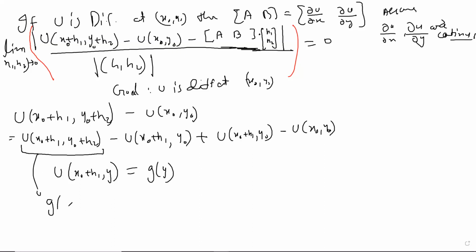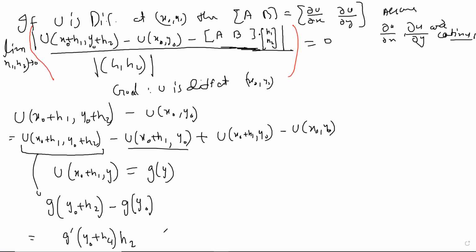This one becomes g of y naught plus h2, and the other one becomes g of y naught. That's fine. Now we apply the Lagrange mean value theorem. This becomes g dashed of y naught plus h4 times h2, right?